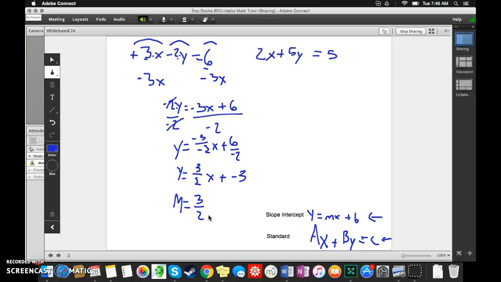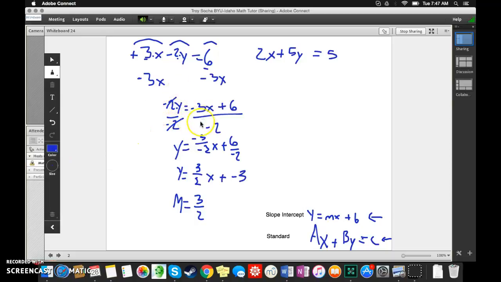So that's what they may ask, is what is your slope? So let's go over the steps again. First, you either add or subtract your x. You need to get x over to the other side. So you either add or subtract it depending on what you need to do. If you have a negative x, you add it. If you have a positive x, you subtract it. So that's what we did up here. We subtracted 3x. Now we need to get y alone, so we're going to divide by whatever number is in front of y.